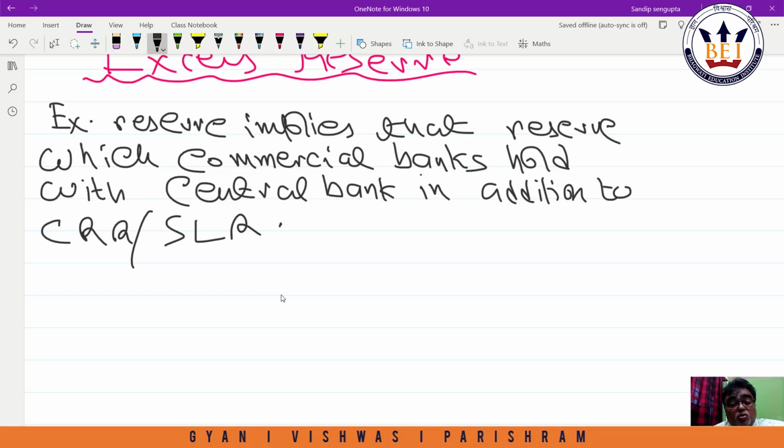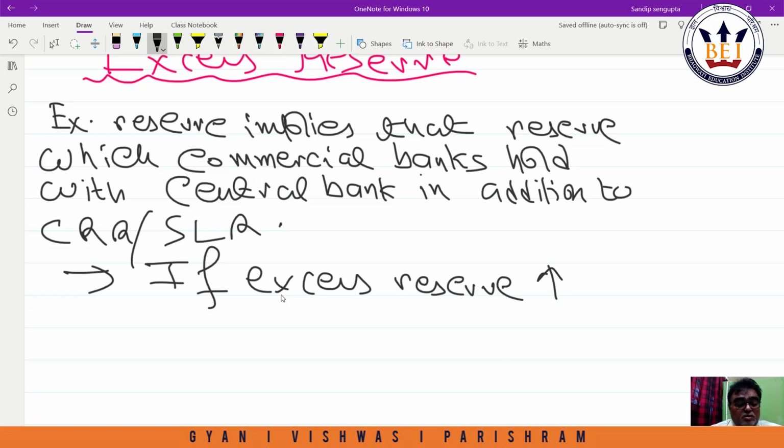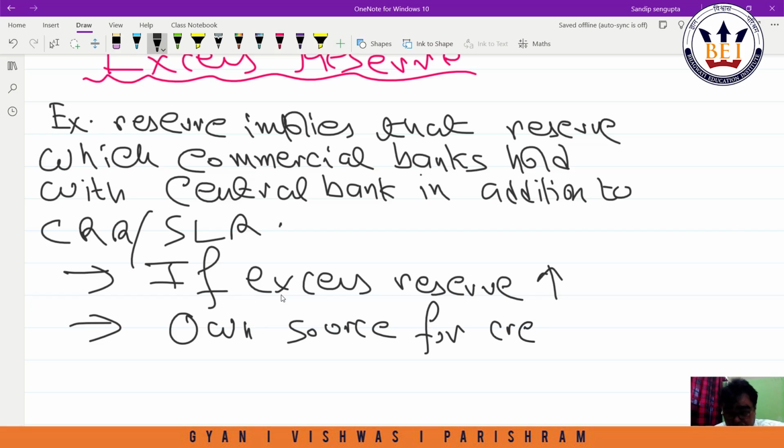So what does it mean? Let the concept be clear: if excess reserve is more, it means commercial banks are obligated to put more money with the central bank. So their own source for credit creation will decrease.